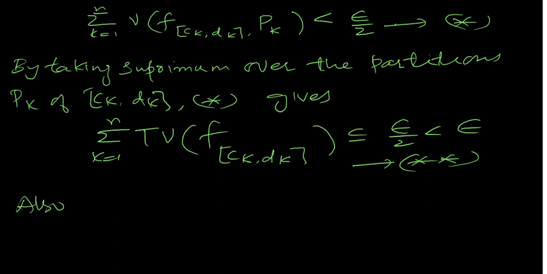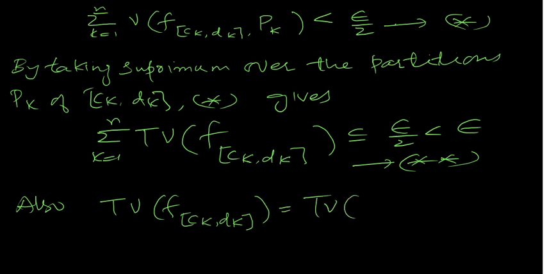Also we have, as in the proof of the previous result, the total variation of f over the interval (ck, dk) is equal to the total variation of f over the interval a to dk minus the total variation of f over the interval a to ck.